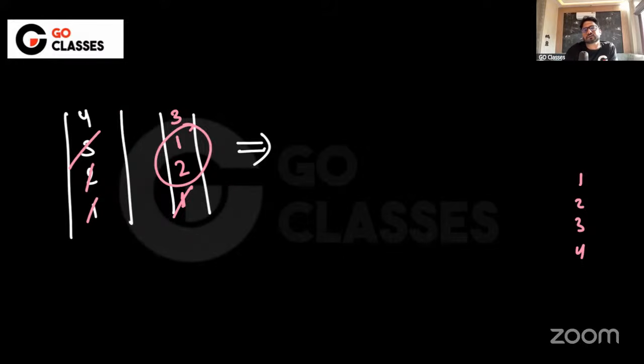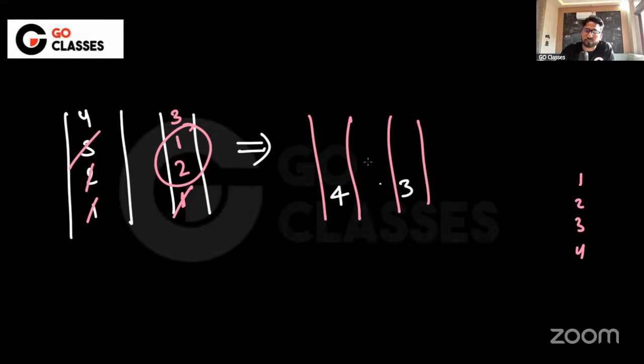Just think of it as one box, which means the first queue is only containing 4, and the next queue you can have this 1 2 easily in the same order. I mean, pop it push it, pop it push it, right? So it will be like this.